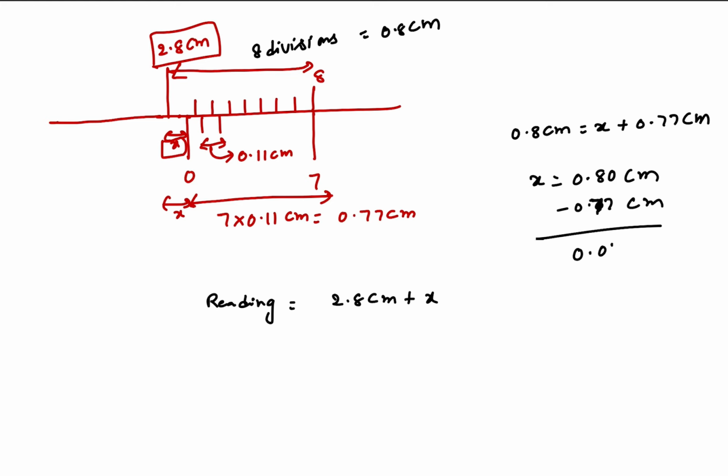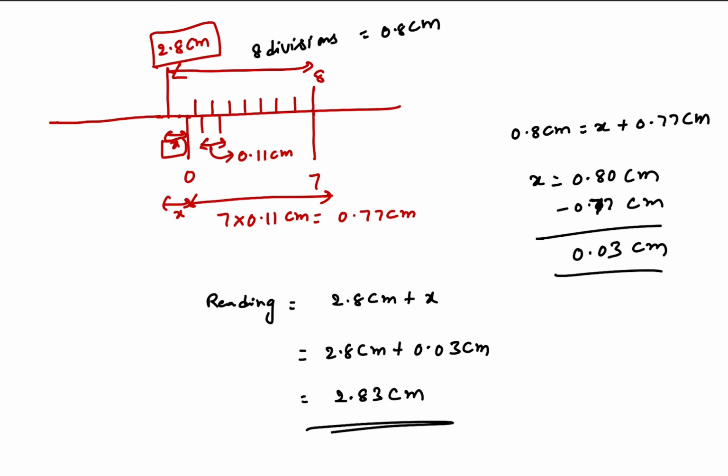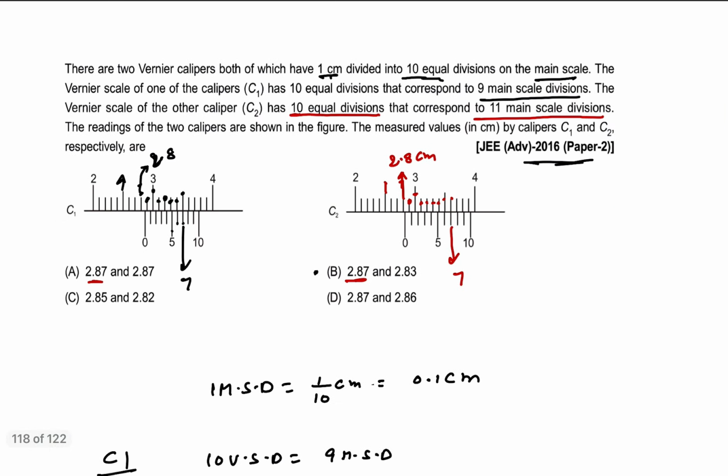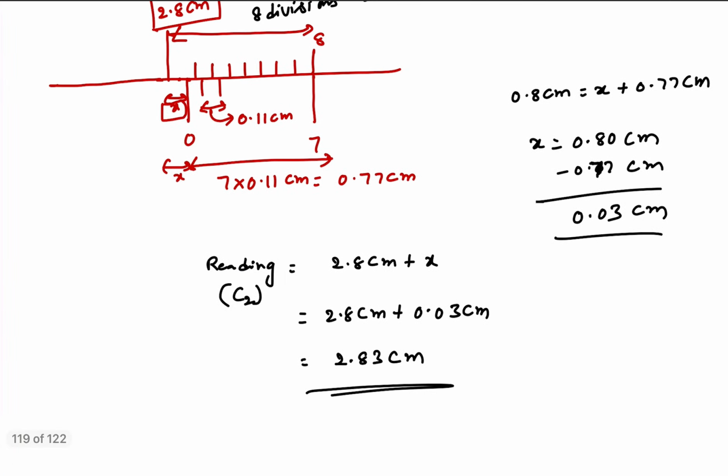If you write that, 0.03 centimeters, this is my x value. Substitute there 2.8 centimeters plus 0.03 centimeters. Finally, we will get 2.83 centimeters. This is my reading of the calipers too. Okay, now you can see 2.83. I hope it is clear for you.